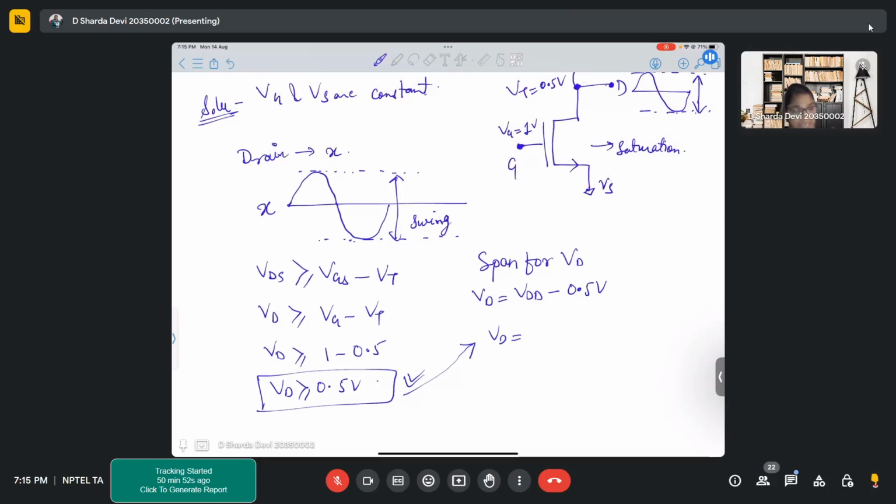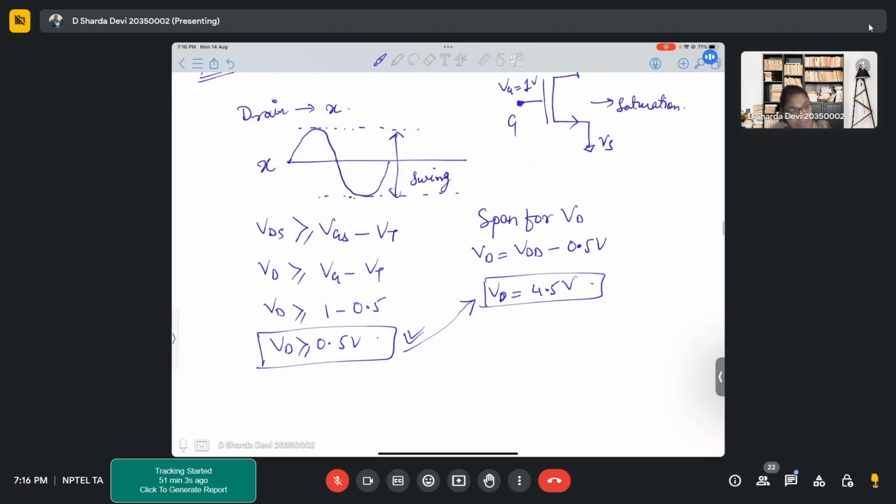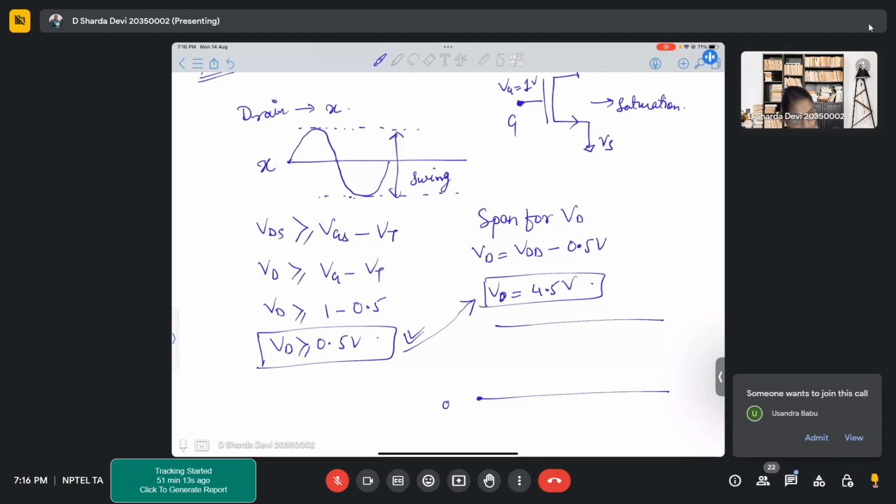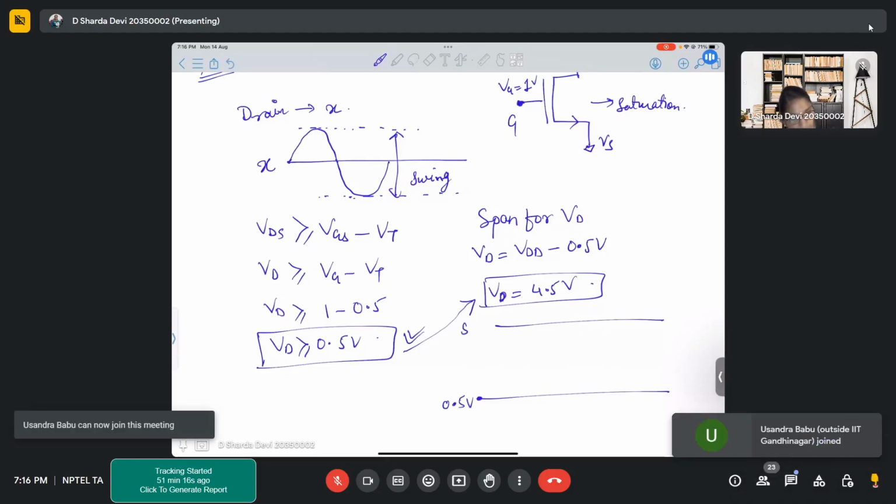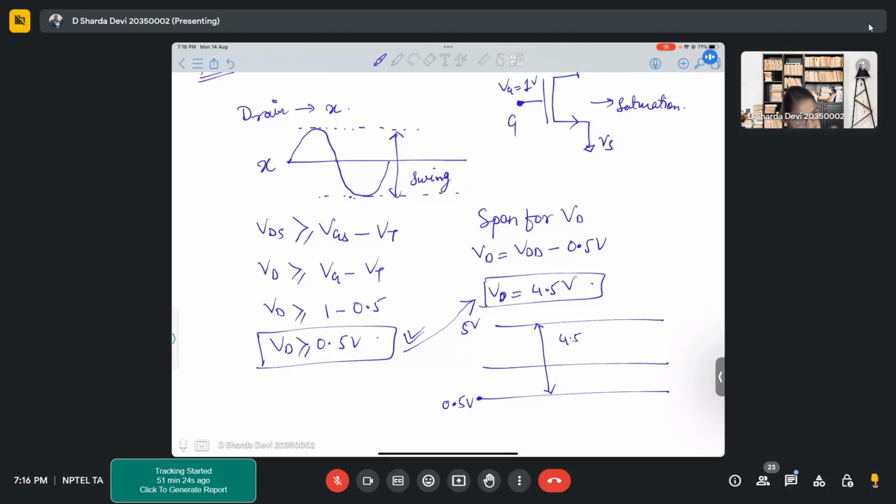So VD can have a span of 4.5 volts. That comes out from this particular condition, right? So if VD is like 4.5 volts, what can be the maximum amplitude that you can get? So it's like your VD can go from 0.5 volts to 5 volts. So this is 4.5. The maximum sine wave that you can fit here will have an amplitude of how much?